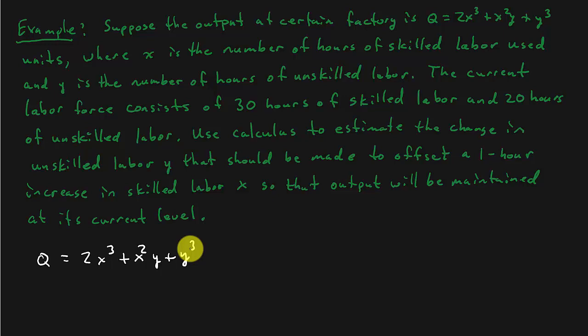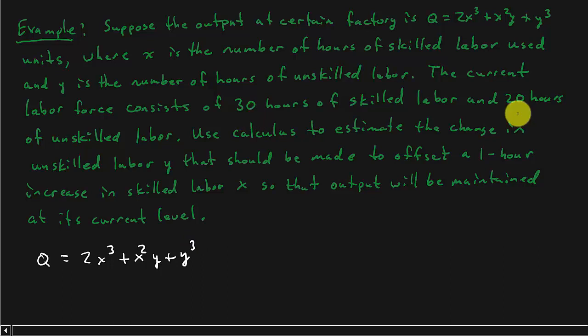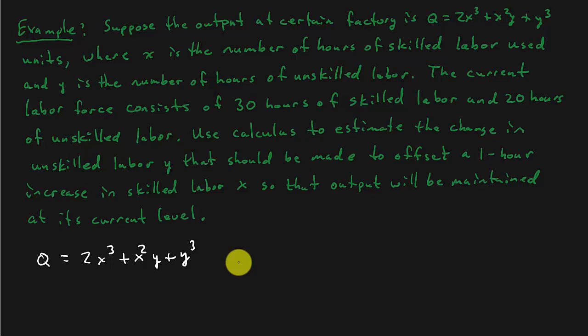All right. So here we go. Let's see what we've got here. Right now it says the current labor force consists of 30 hours of skilled and 20 hours of unskilled. So basically what we're going to do is find this derivative, and we're going to need values to plug into everything except what we're actually looking for. So let's look at the information that they give us.